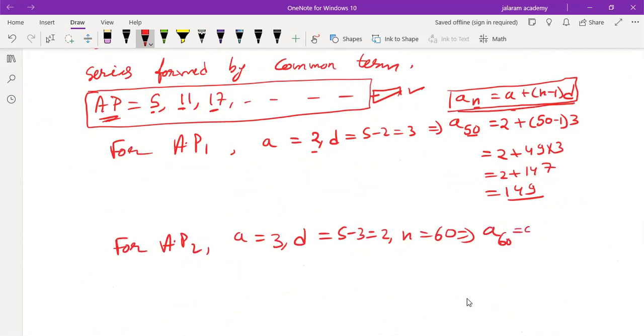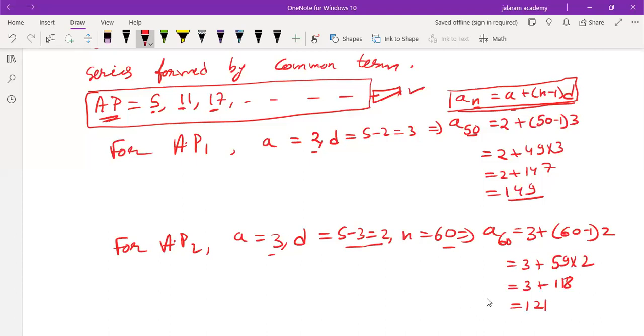So a60 equals a plus, directly substituting the values: a is 3, plus n is 60 minus 1, into d is 2. So it is 3 plus 59 into 2, that is 3 plus 118, which is 121.